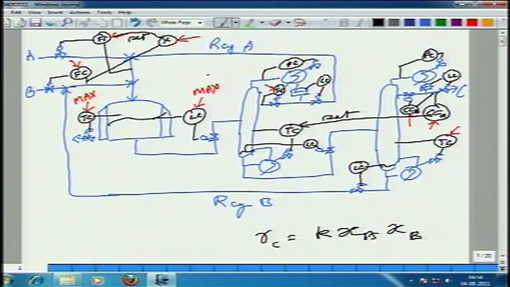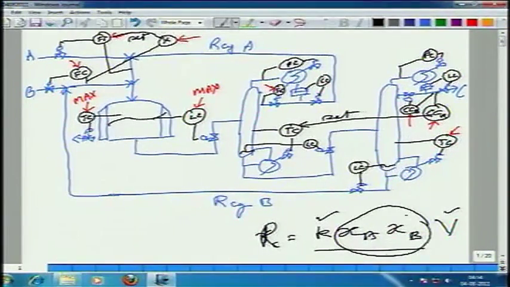The total reaction rate is the per unit volume reaction rate times the volume of the reactor. The volume of the reactor is fixed because I am operating it at max level. So, this is fixed, this is fixed, and the only thing that can change is this. My question is, how does it change? Why does it change? Is the question clear?